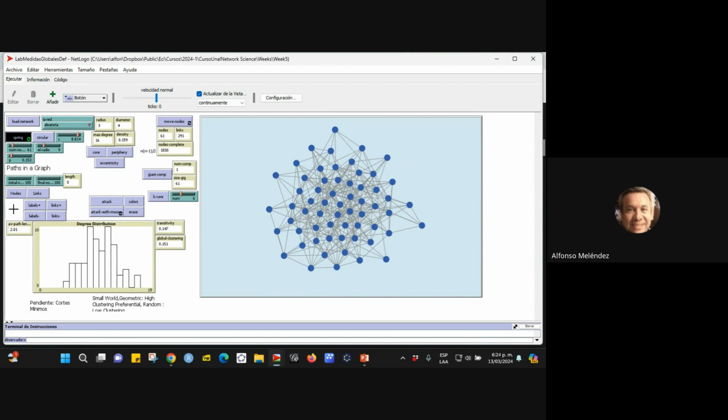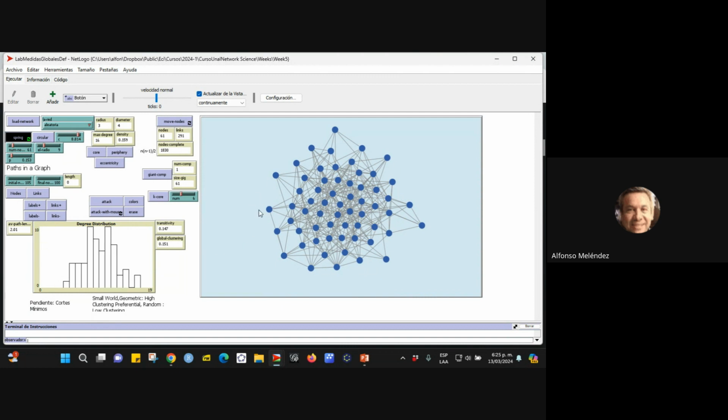Look here, average path length. Random networks have short average path length. Look, 2.01. For going from one node to another, the mean path length is 2.01.